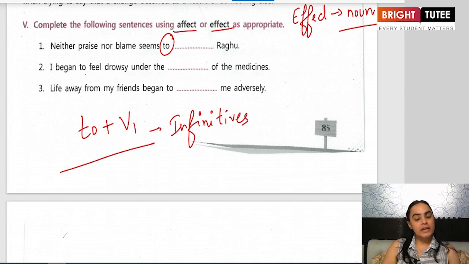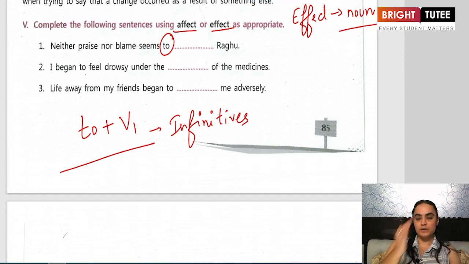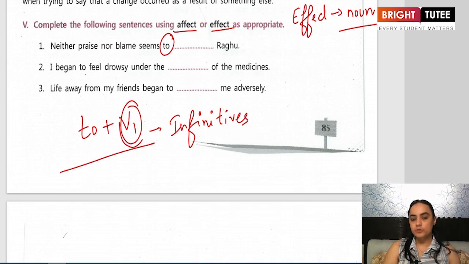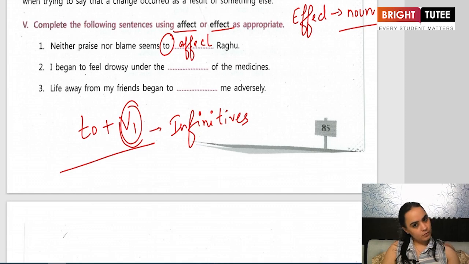So, infinitives are those words which have to plus the first form of them. So, we know with to will be used a verb, and what is the verb out of to? It is affect. Okay, remember this always. This is always going to help you.